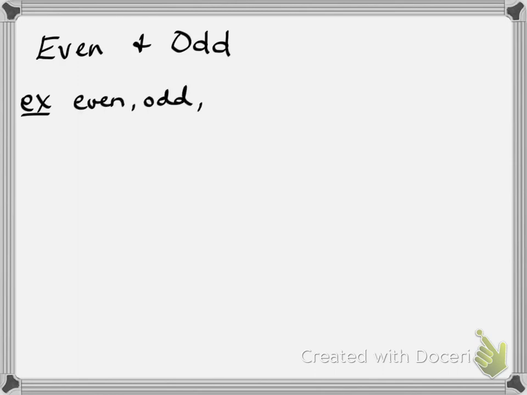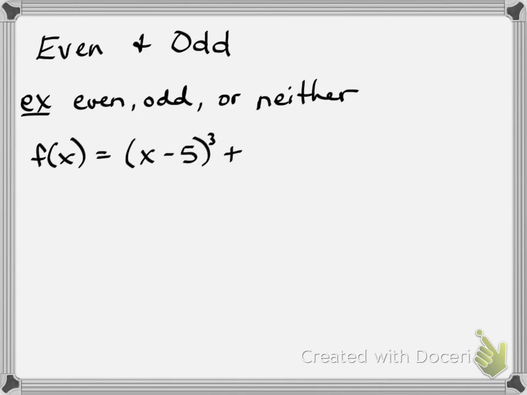Okay, now we're going to talk about even and odd functions. Three ways. So the first way we're going to talk about is we're going to say even, odd, or neither. And I'll give you f of x equals x minus 5 to the third plus x.